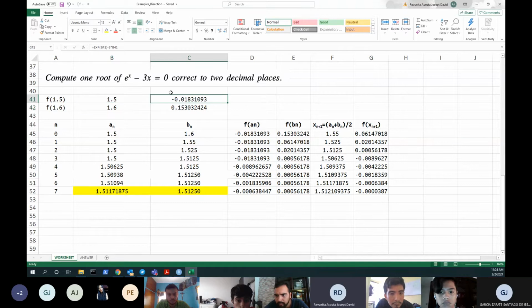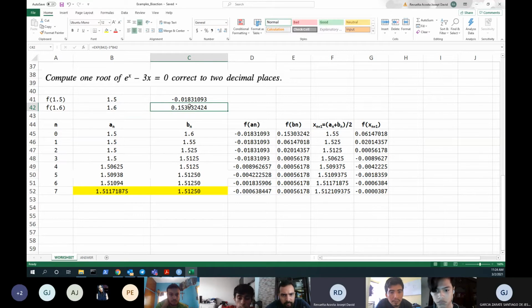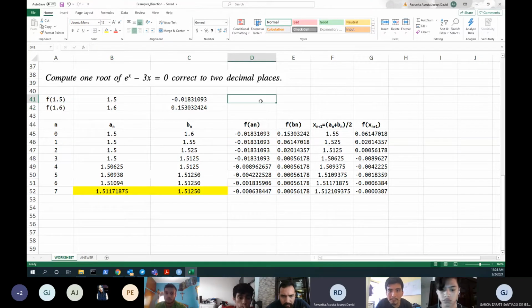If you analyze here, you have the exponential of 1.5 minus 3 times 1.5, and I got a negative number. And in the second limit, exponential of 1.6 minus 3 times 1.6, I got this value. So the multiplication of these two is actually negative. So the exercise is fine. The root is inside the limit. Perfecto. Bueno, ahorita lo checo. Gracias. Yeah, no problem.